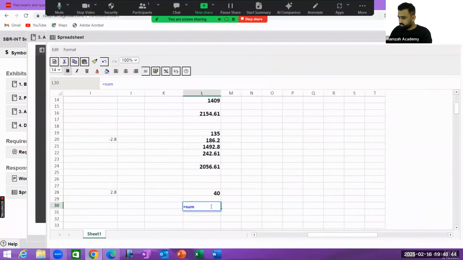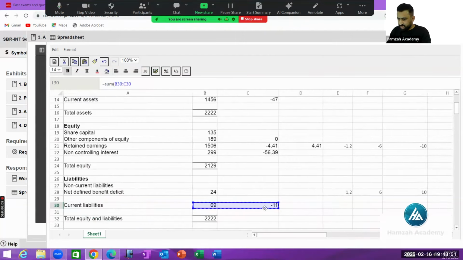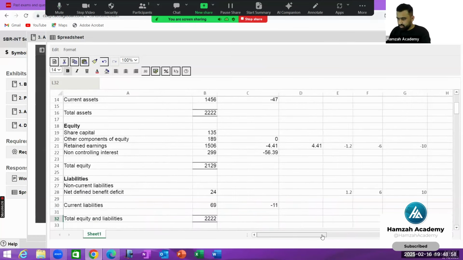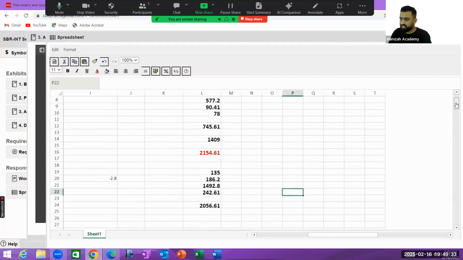So equal sum of the total current liability, that is 58, and now you have the total of equity and liability, which will be equal sum, and it should be equal to 2154.6, and exactly they are the same. And these are the two values. So balance sheet, both sides are the same.